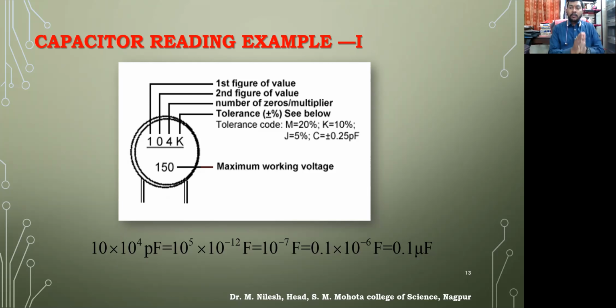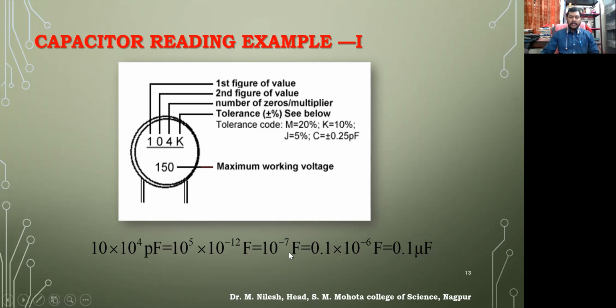Pico means 10 raised to power minus 12. Remember this, 10 raised to power minus 12, right? So now the total number becomes 10 into 10 raised to power 4, which gives you 10 raised to power 5, and pico means 10 raised to power minus 12 farad. And if you further resolve this, then it will come out to be 10 raised to power minus 7, right?